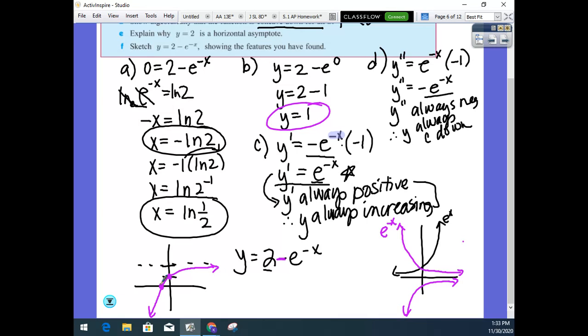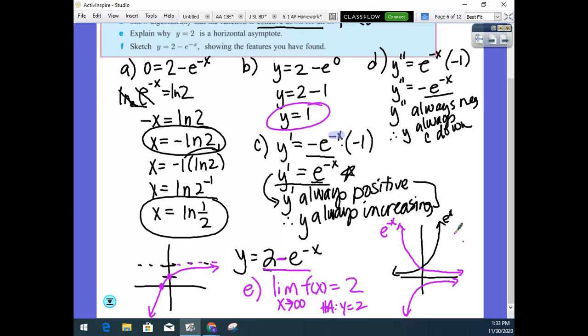We could say for letter E that the limit as x approaches infinity of my graph equals 2. This is technically why my horizontal asymptote is y equals 2. It's approaching 2. To me, I think it's helpful just to think of the graph first, and then you can see your limits approaching 2.